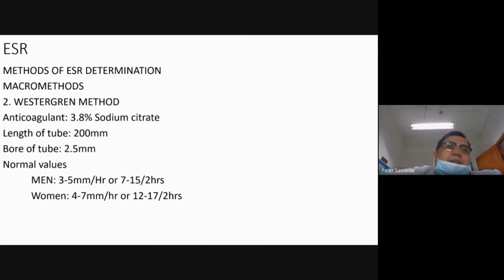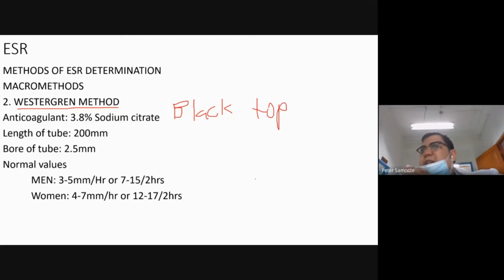And the known method, the most commonly used method nowadays, is your Westergren method. Now, your Westergren method, class, would use 3.8% sodium citrate. So, ito yung black top, class. This is the black top. Pag tinanong kayo sa board exam nyo, what is the concentration of your sodium citrate in Westergren or ESR?